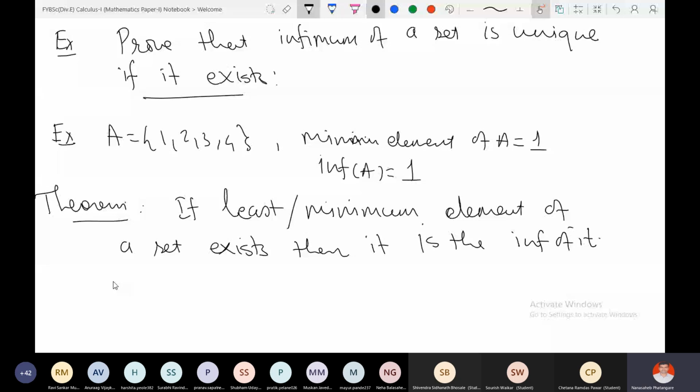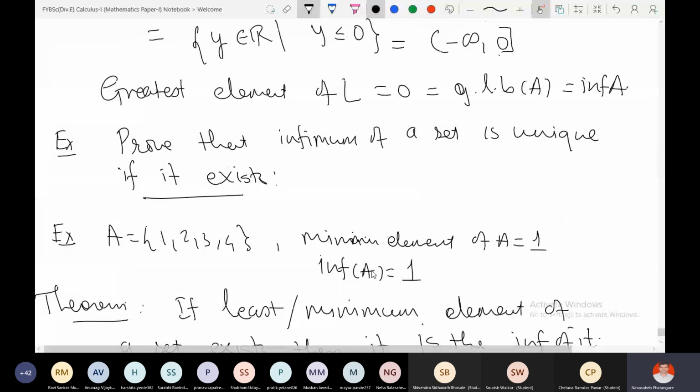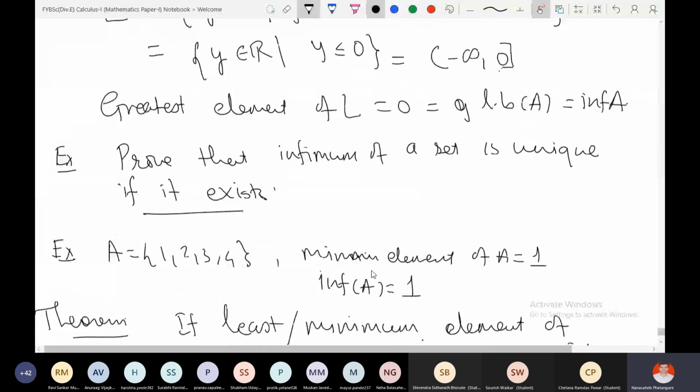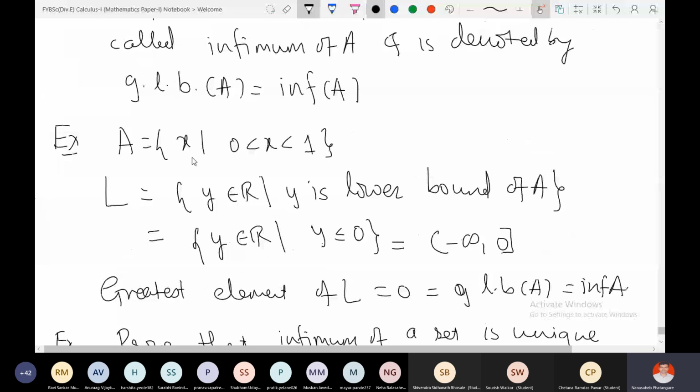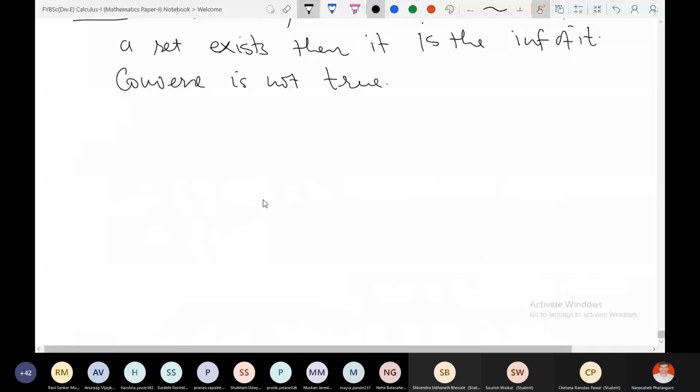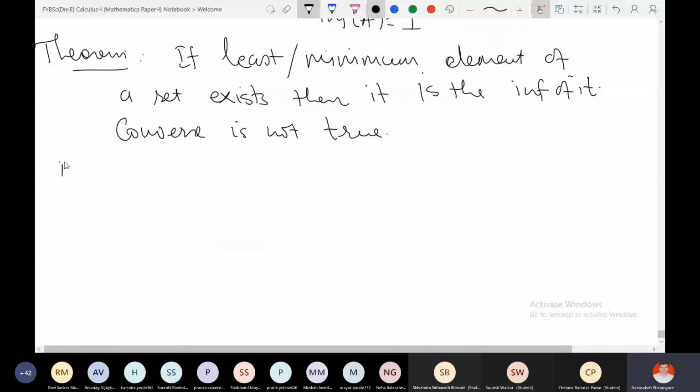The converse is not true. So that means if the infimum exists, then the minimum element may not exist. For example, the interval (0, 1): the infimum is 0, but the minimum element does not exist. You should write down the proof; the proof is an exercise.